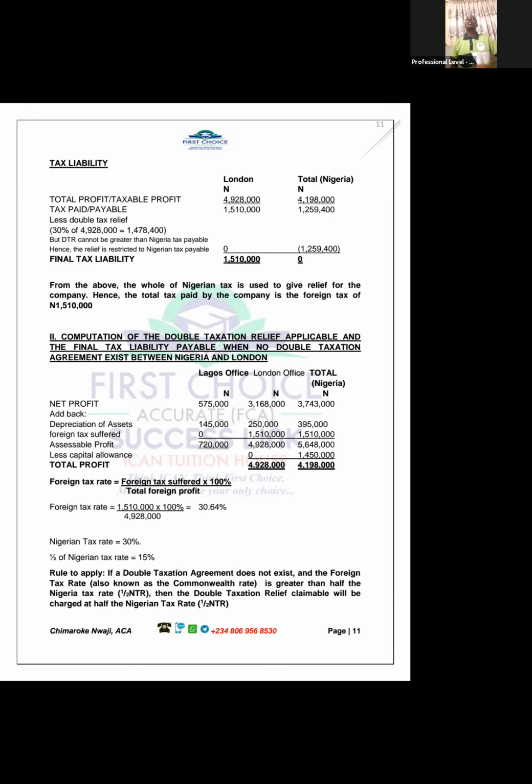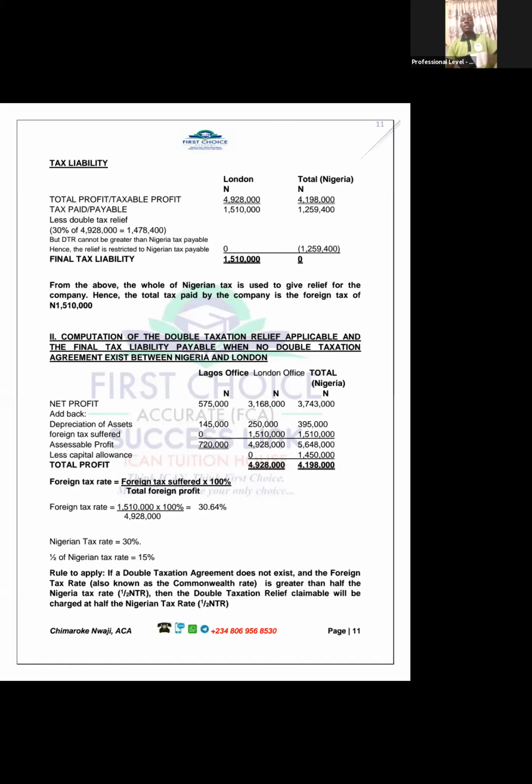Now, what is going to be the relief? And we said our relief is going to be calculated using 30% of the foreign income. So 30% of 4,928,000 is going to give me 1,478,400.